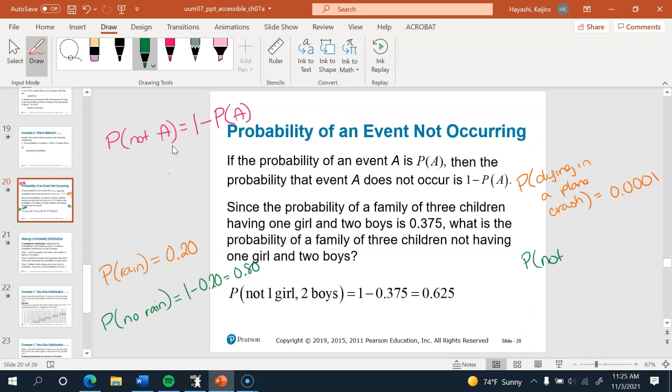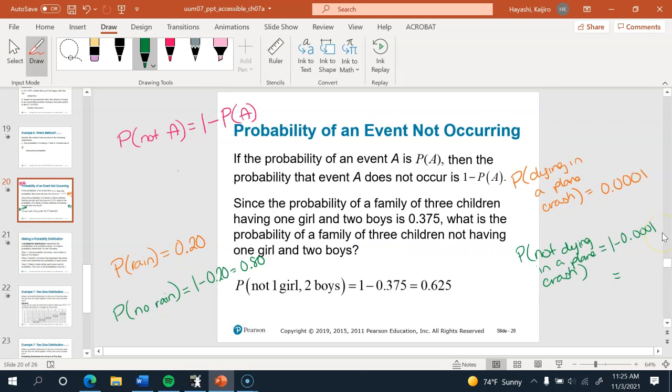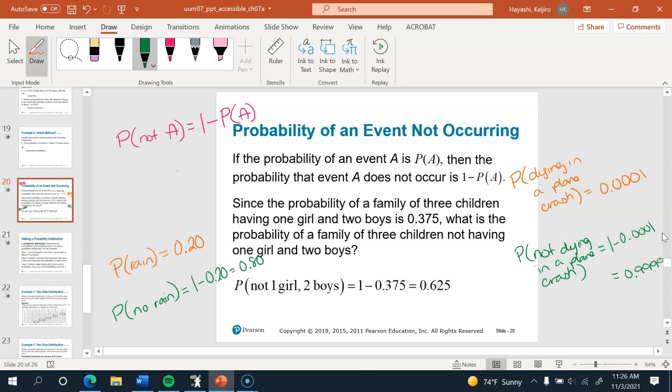So the probability of not dying in a plane crash, I should have chosen something that took fewer words to write, should be 1 minus the probability of dying in a plane crash, which is 1 minus 0.0001, which turns out to be 0.9999.